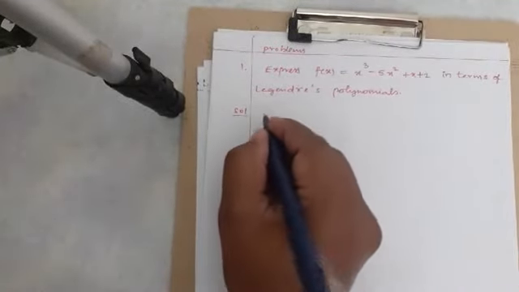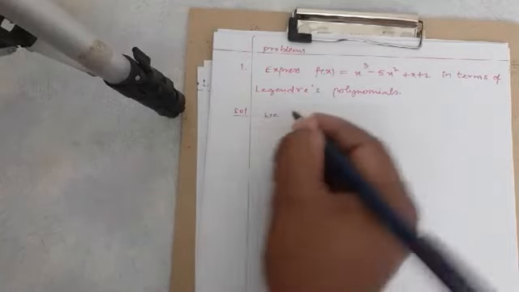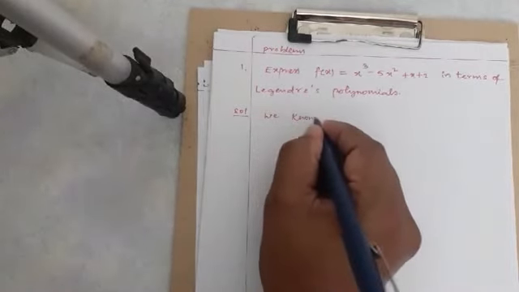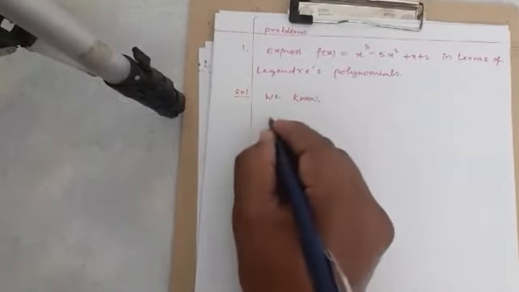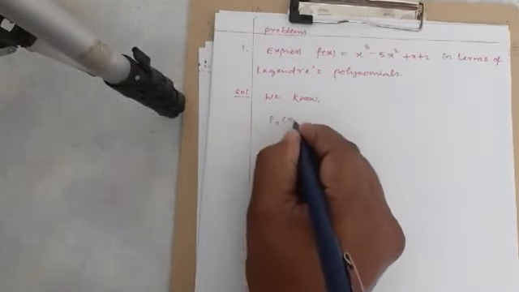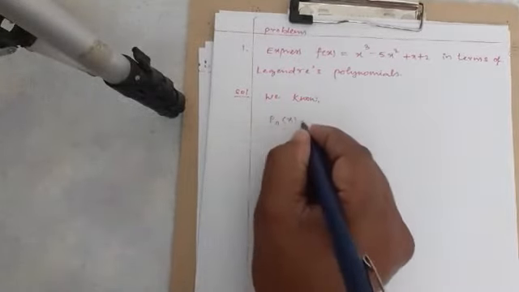So now let us write the Legendre polynomials. That is nothing but P0 of x. Directly we have to write here, we have to memorize what we have derived just now.